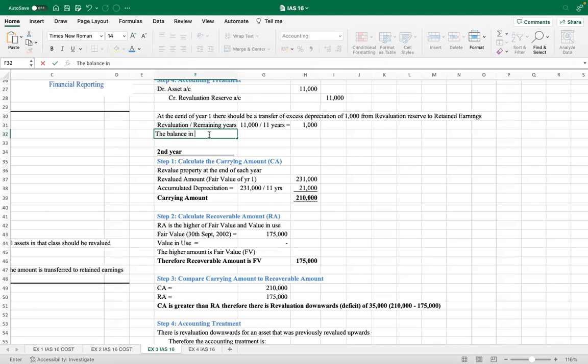The balance in revaluation reserve after transfer of 1,000 to retained earnings is 10,000. Thank you. It is 10,000.